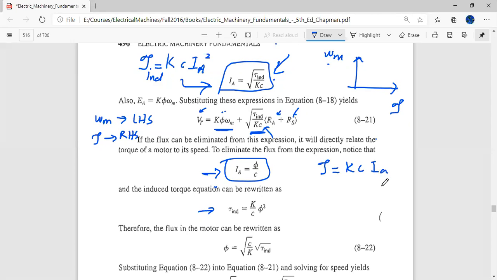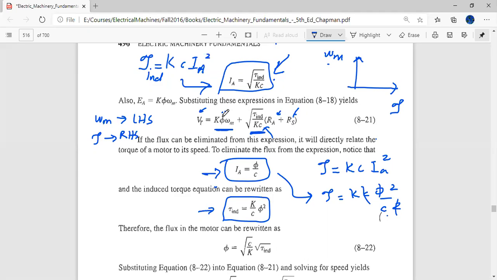And I also know that Ia is equal to phi over C. So I basically replace Ia with phi over C square over here. So it becomes Kc and phi square over C square, coming from here. And one of the C gets cancelled with this. So I get this expression, that I can get a relationship between torque induced and phi.